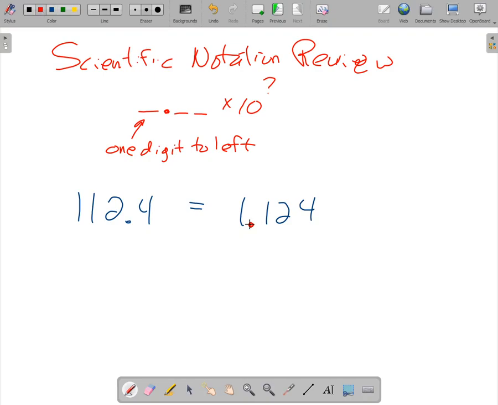To be in scientific notation, it has to go there. Okay? So this number I started with is bigger, so that means I'm going to be multiplying by some power of 10 that's positive. And I had to move the decimal point 2 times to get it where I needed it, so it must be 1.124 times 10 to the second power.